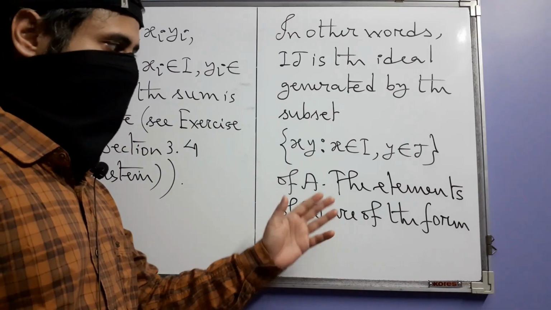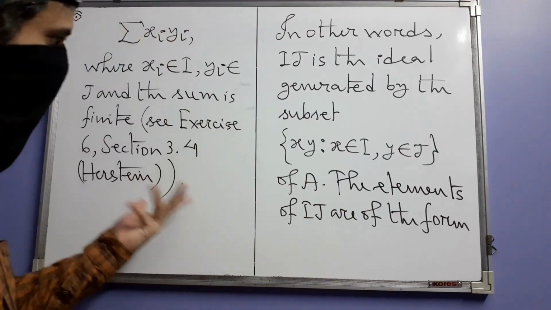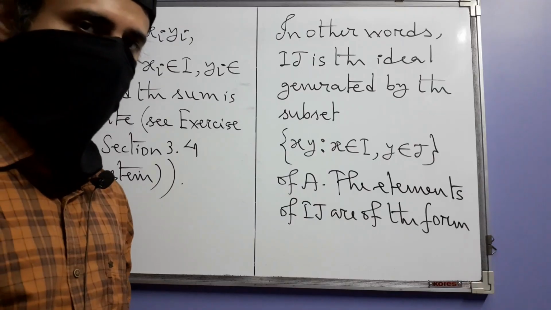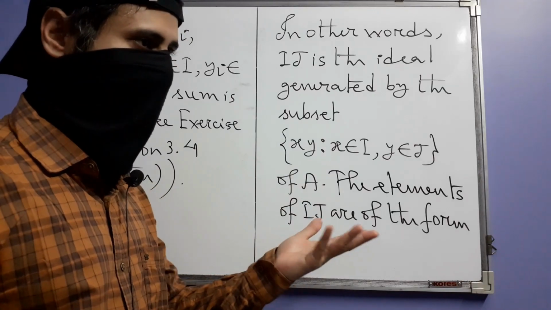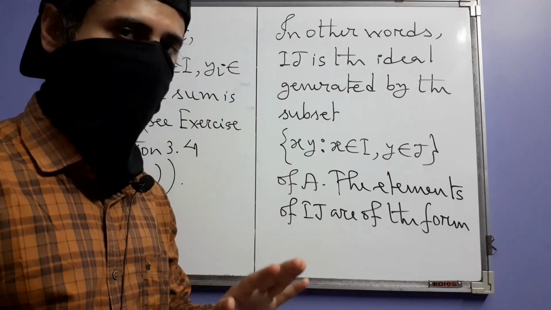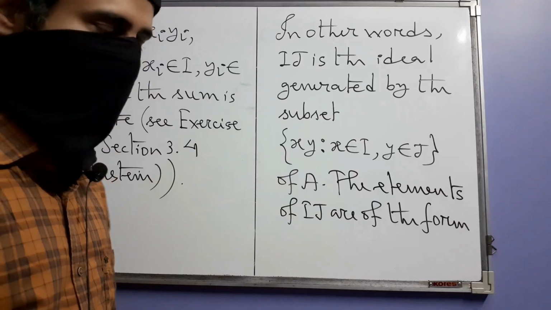And just like we considered the general version of sum of ideals, here also we can consider the general version of product of ideals. But unlike sum, where infinitely many ideals could be taken, here we can take only finitely many ideals.